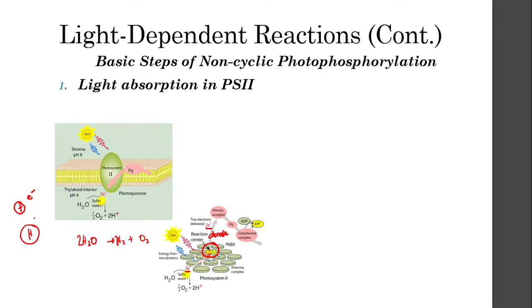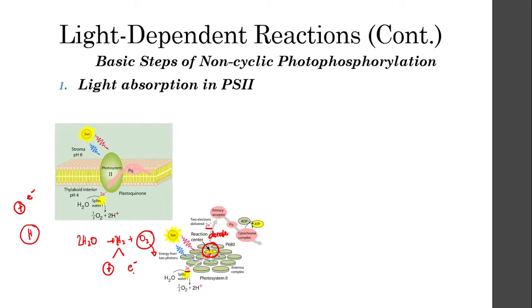So when we split these, we remove the oxygen. We're actually splitting two molecules of water, so we end up having two oxygen, and this oxygen is released via the stomata, and that's the one we breathe. Then our H is split into its proton component and its electron component.